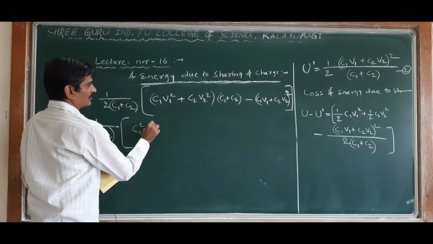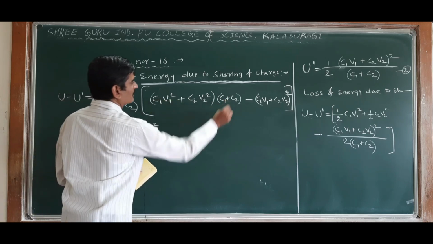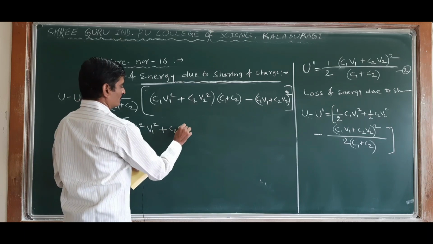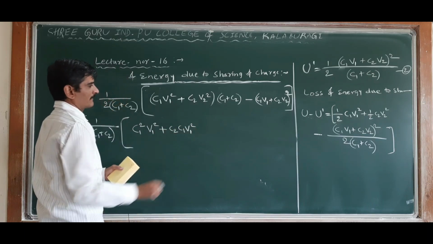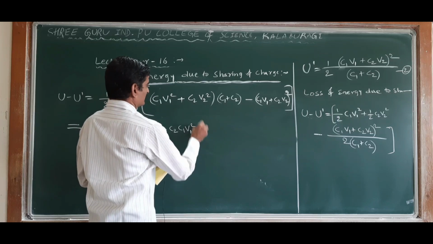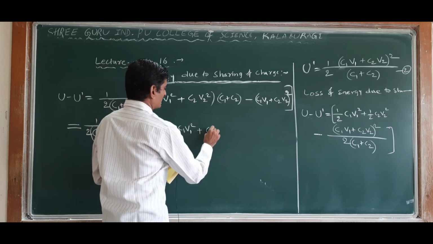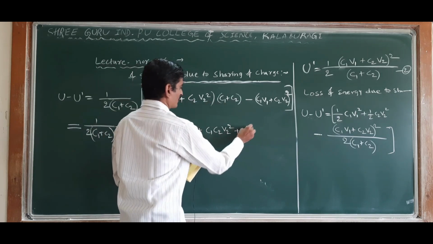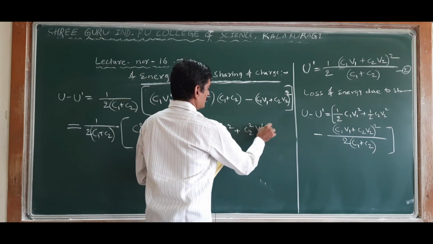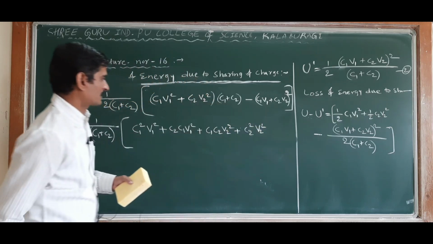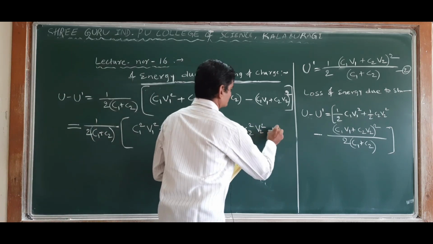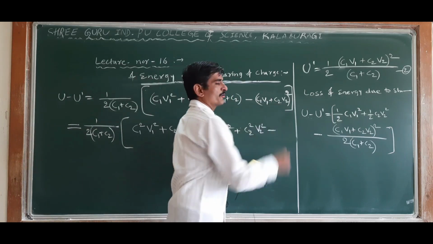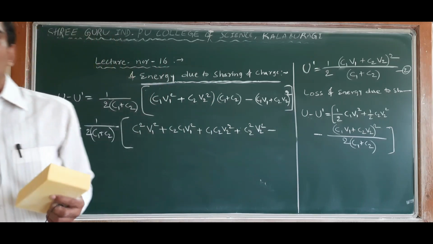So now C1 square into V1 square, C1 into C2 V1 square. Next, plus C2 into C1, that is C1 C2 V2 square, C2 into C2, C2 square into V2 square, right? Okay. So now minus, that is (A plus B) whole square. It is nothing but A square plus B square plus 2AB.